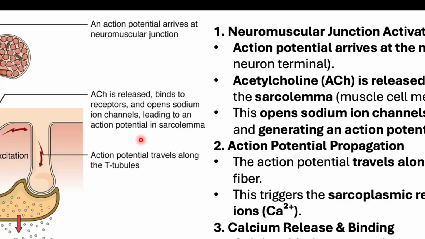So when acetylcholine is released from the motor neuron junction, it binds to receptors and opens sodium ion channels, leading to an action potential in the sarcolemma or in the cytoplasm.